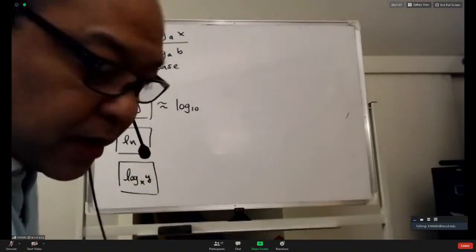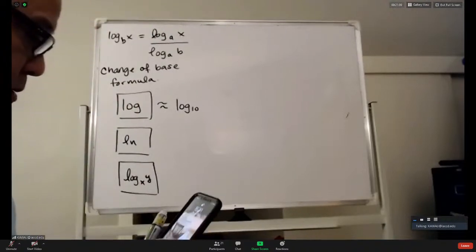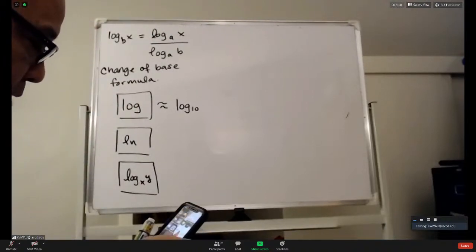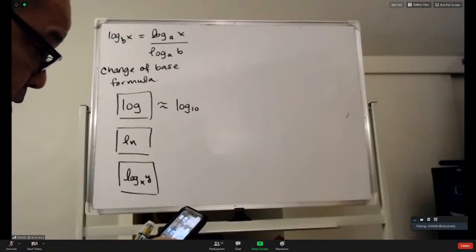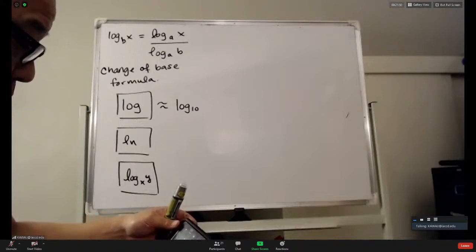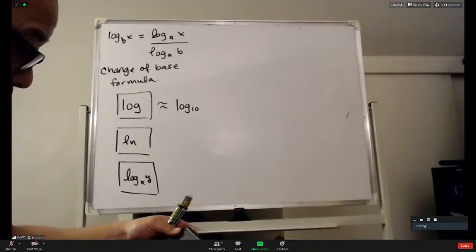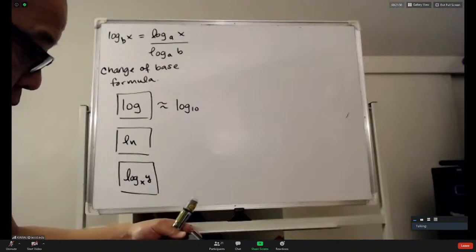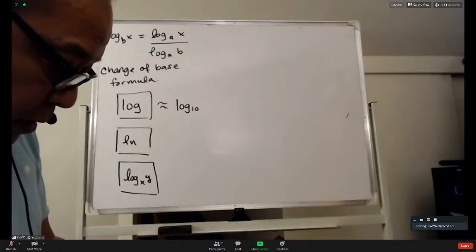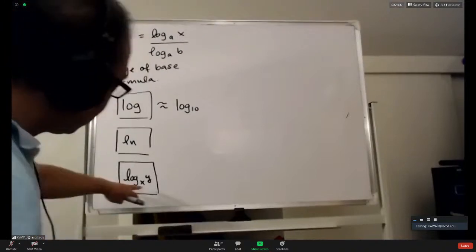Let me see my calculator on my iPhone. No, it's not there. Well, usually it's like log xy.